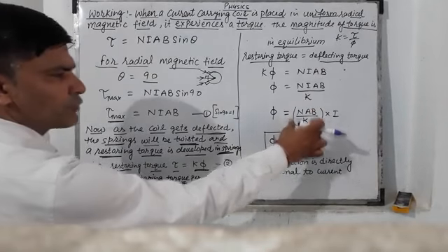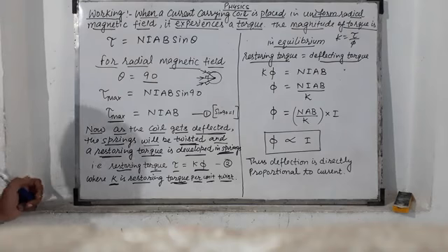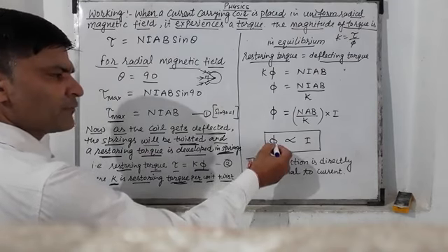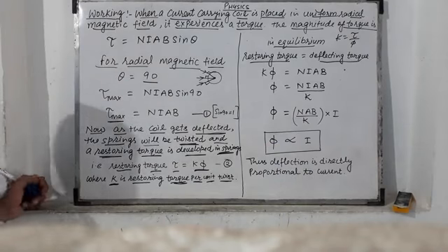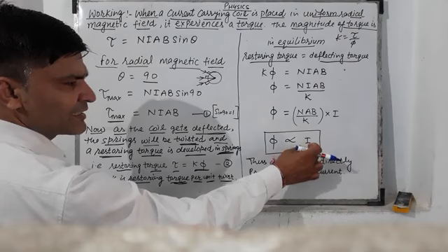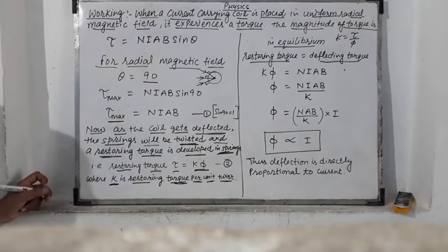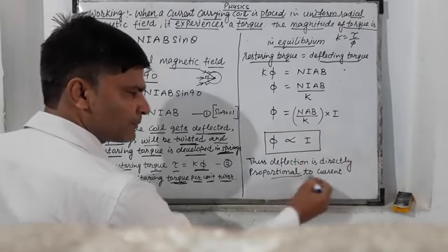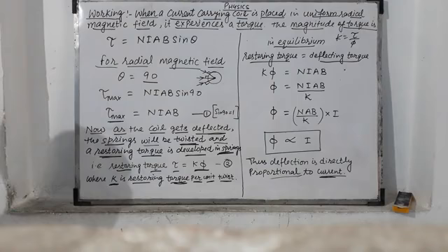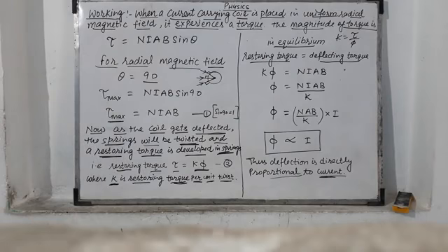So the value of this bracket is constant, and we get phi is directly proportional to I. It means deflection is directly proportional to current. This is the complete working of the moving coil galvanometer.